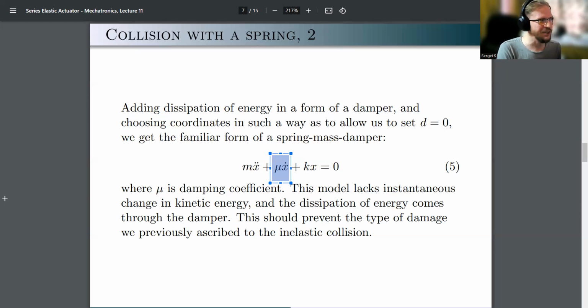If the scenario is more complicated than that, you have to take that into account and write the model more complexly. All right. So this is a nice scenario. We don't have any instantaneous changes of kinetic energy.